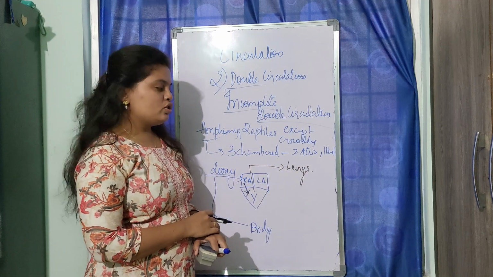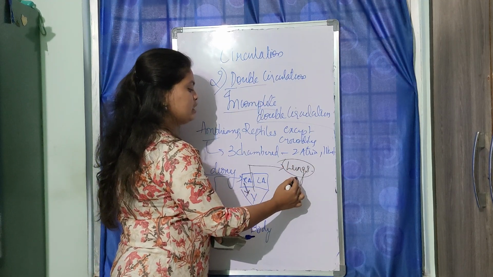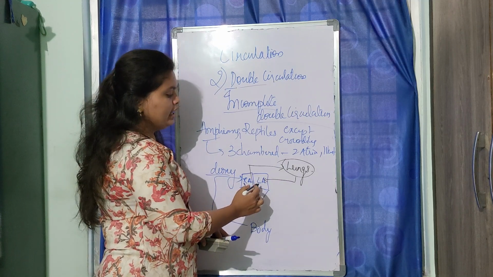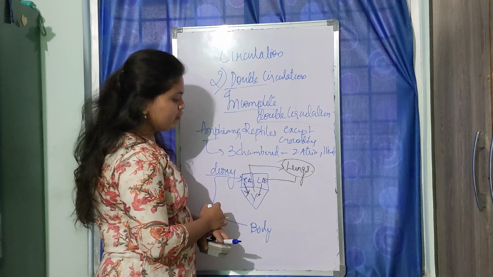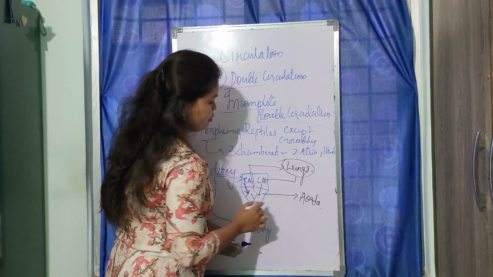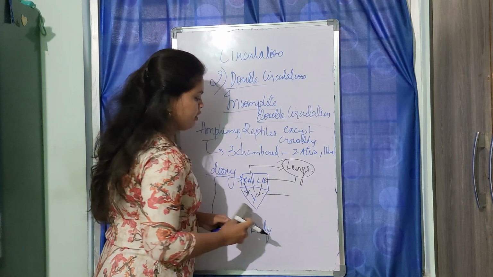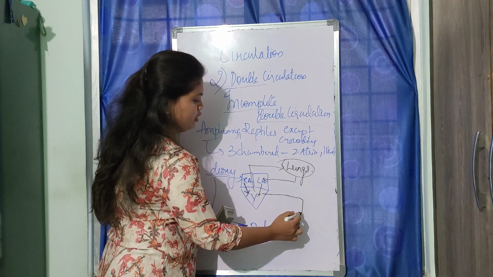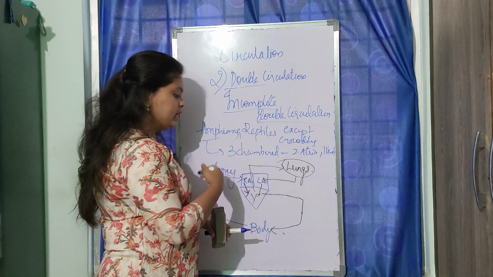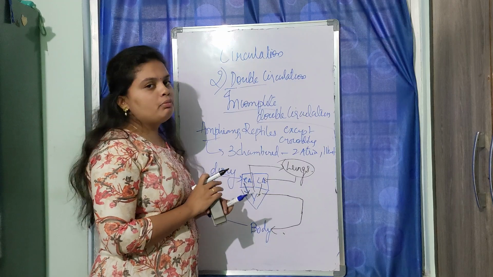This is where the oxygenation of this deoxygenated blood happens, and from lungs it is sent to left atrium, and from left atrium again it is going to ventricle. From ventricle it is going to be sent to aorta, and from ventricle it is sent to the body via various arteries. So this is what happens in the amphibian heart and amphibian blood circulation.